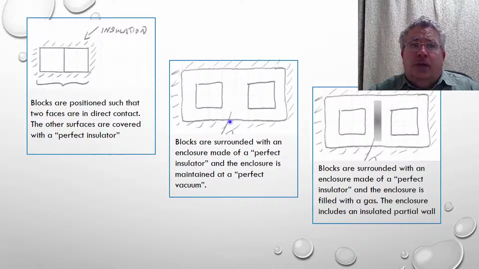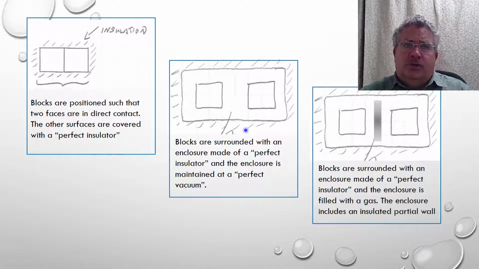The second type is that we can have the blocks surrounded in an enclosure made of a perfect insulator, and the enclosure is maintained at a perfect vacuum. The last situation is much the same as the second one, except that we have a partial barrier so that block 1 can't see block 2, and then we fill the volume with some type of gas.